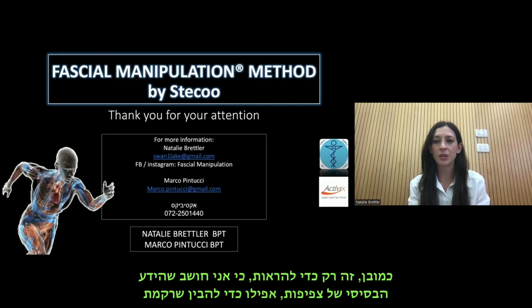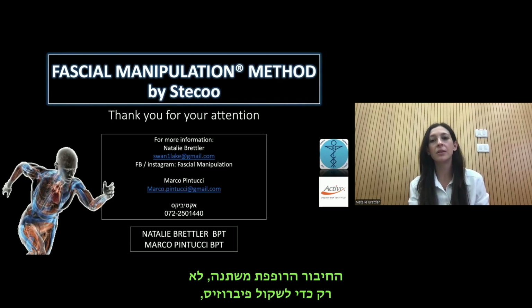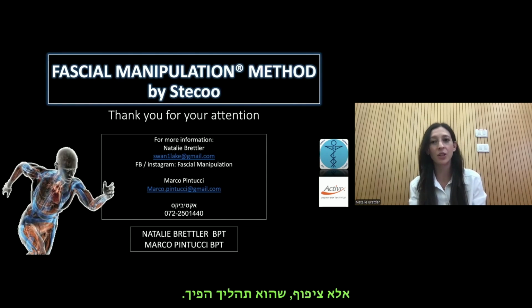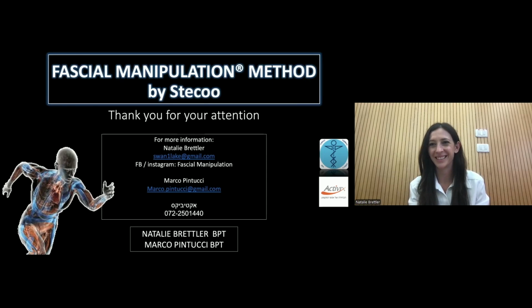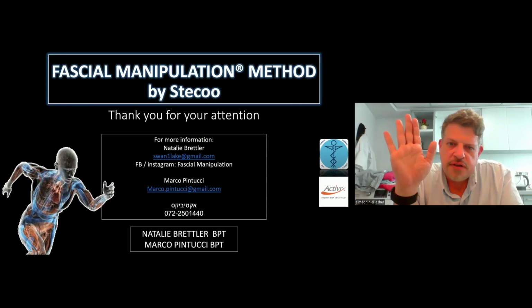Of course, this is just to show, because I think that the basic knowledge of densifications, to understand that the loose connective tissue is changing, not only to consider fibrosis, but densification, which is a reversible process, is very interesting information to understand that we can help the patients in this way.